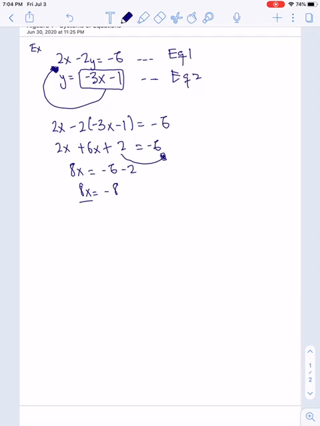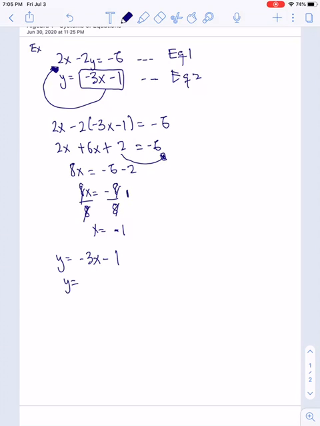When we divide both sides by 8, 8 cancel 8, we get 1, and x will be negative 1. All right, now that we have x, we can solve for y. In this situation, I'm going to plug it into equation 2 in order to solve for y. So let's rewrite equation 2 as y equals negative 3x minus 1.